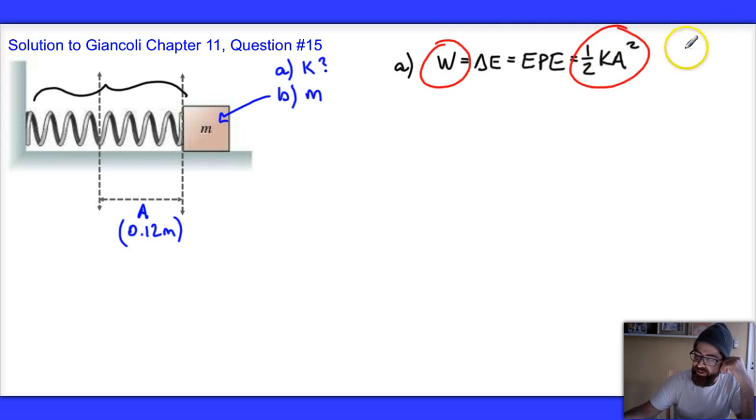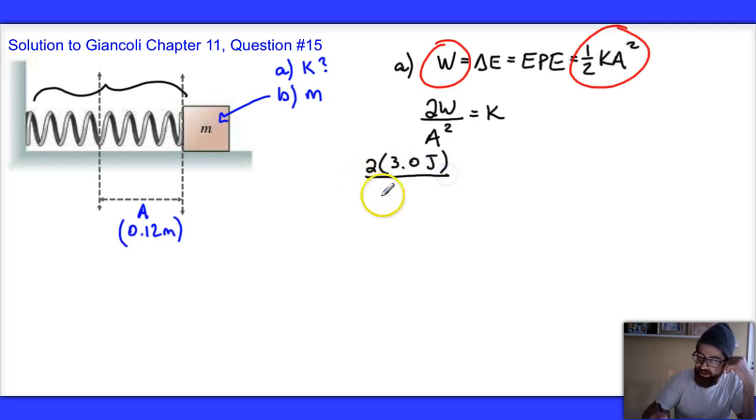So when I multiply both sides by 2, I get 2 times the work divided by A squared is equal to K, my constant of elasticity. So that's going to be 2 times 3 joules of work, divided by the amplitude, 0.12 meters, and I've got to remember to square that, and that is equal to the constant of elasticity.